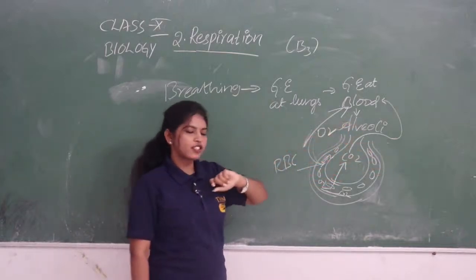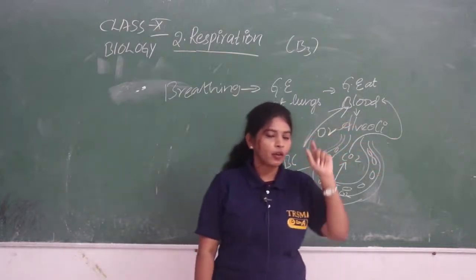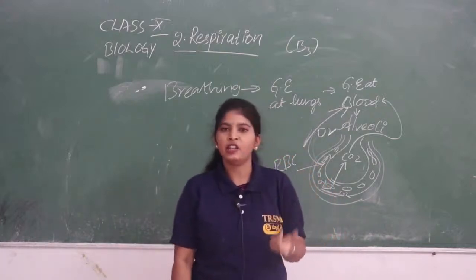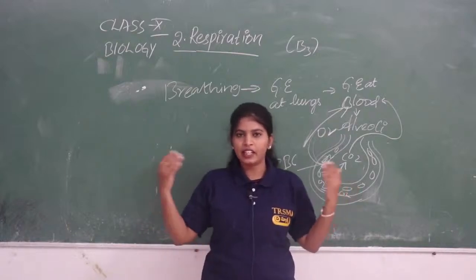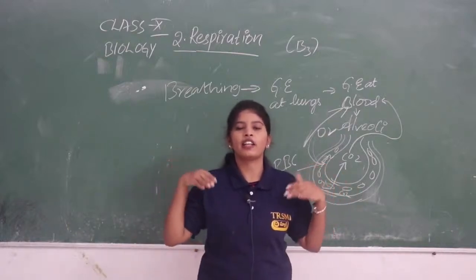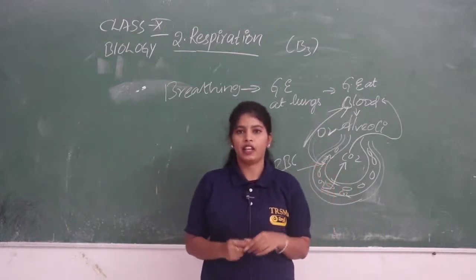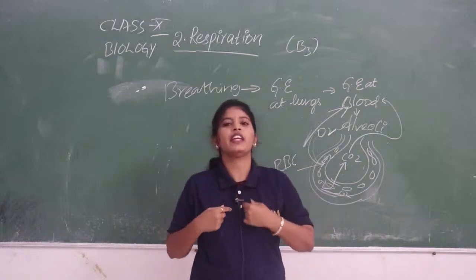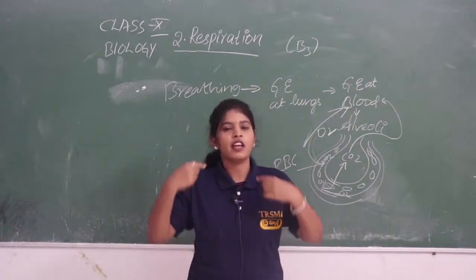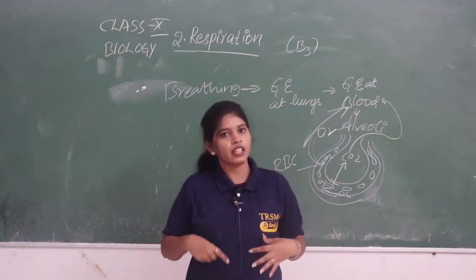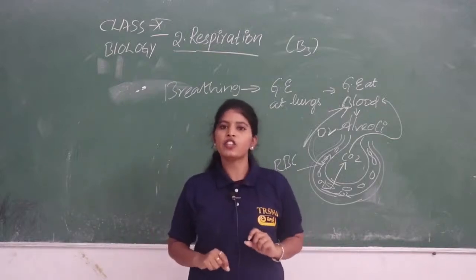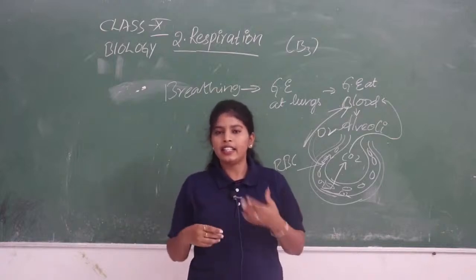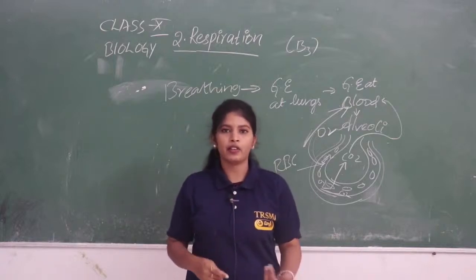And why gas exchange at the lungs? Because immediately when the air is inhaled, it does not enter your alveoli. First it has to enter the trachea, the bronchus, the bronchioles, then the lungs, and after all that it goes into the alveoli chambers. So directly it will not enter your alveoli.